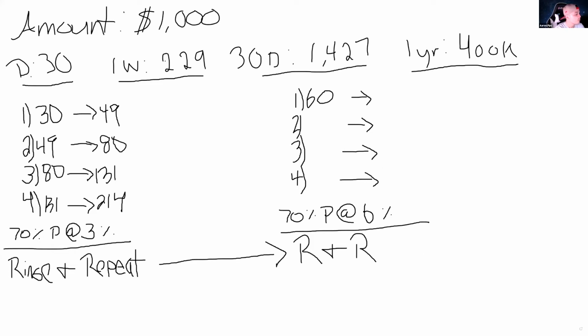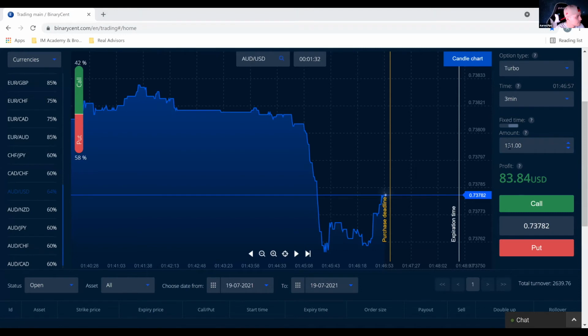Now I'm going to go back to my account and we're going to calculate a high borrow leverage trade. So let's go back to our broker account over here. We're going to put in $60, okay?